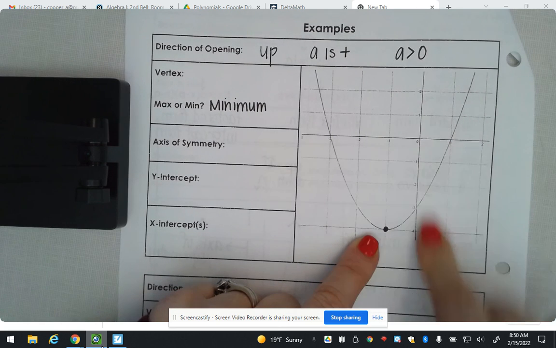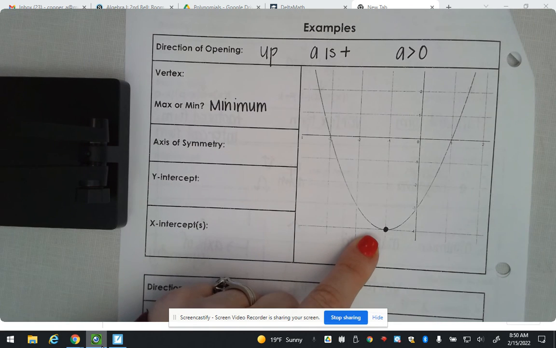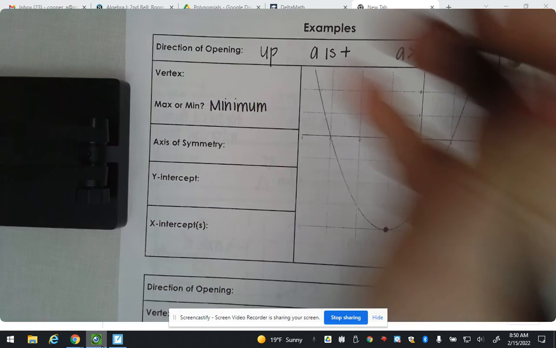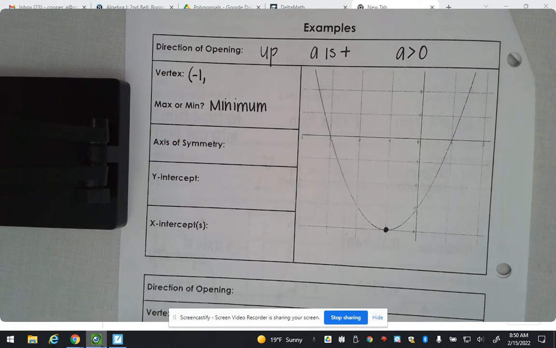Do I go up or down first or left or right first? Left or right first. You always have to go left or right, then up or down. It's not like slope. So I need to go over 1. If I go over 1 to the left, is that positive or negative? Negative. This is a major issue for some of you, being able to label points off of a graph without being on Desmos.